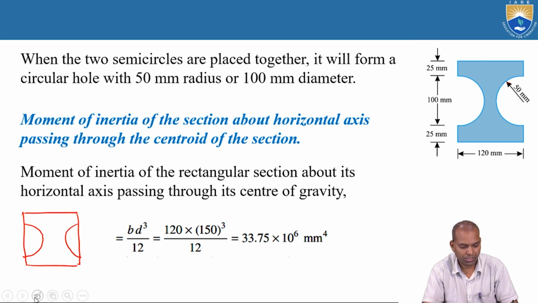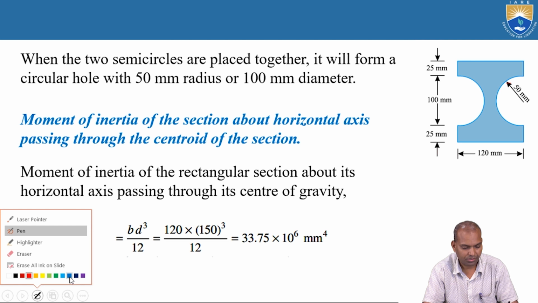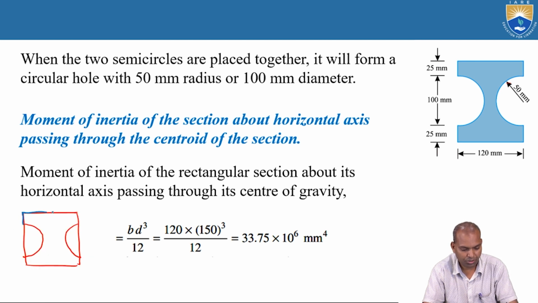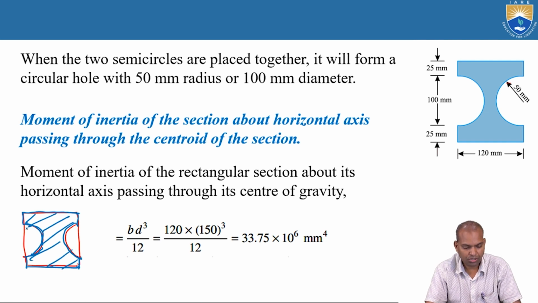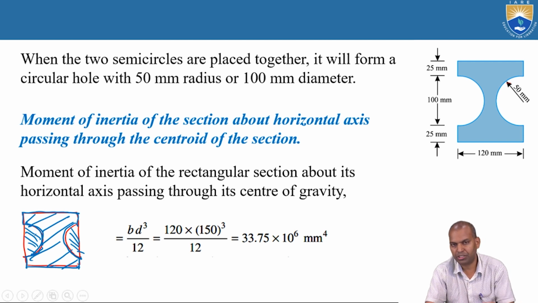This is the portion of the given section for which we have to find the moment of inertia. These two halves, if you join them here, become a circle. If you subtract the circle from the rectangular section, you will get it.